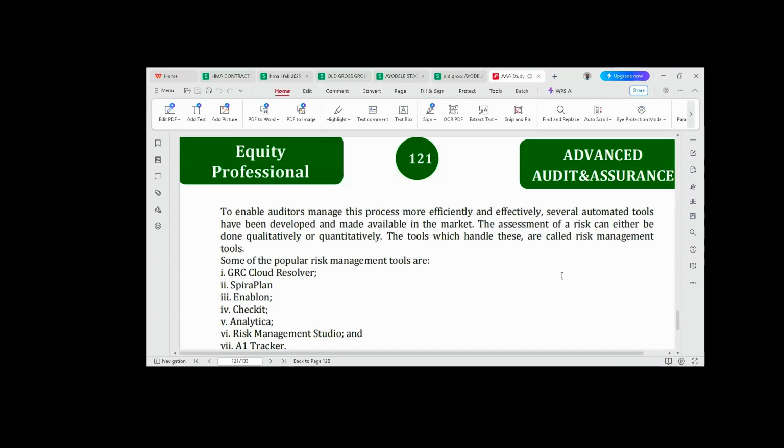Some of the risk management tools the auditor can use are the GRC Cloud Resolver, the Spiral Span, Enablon, Check-It, Analytica, Risk Management Studio, and AI Tracker.